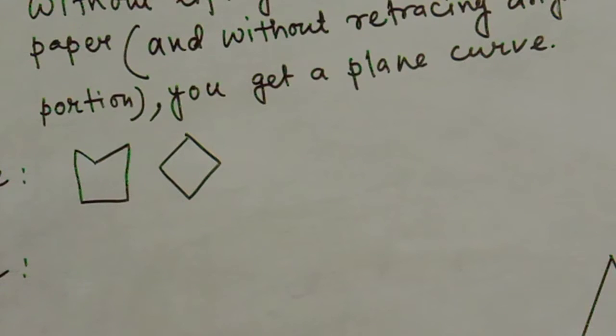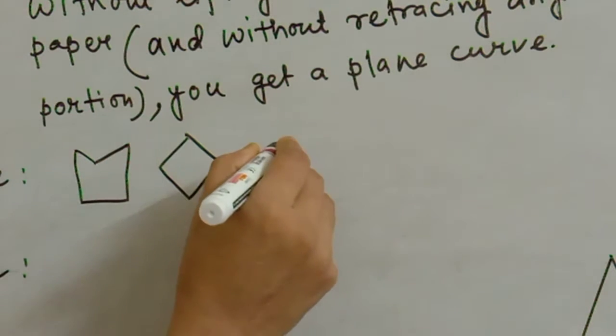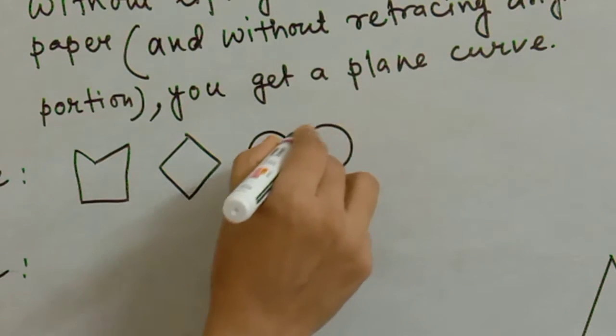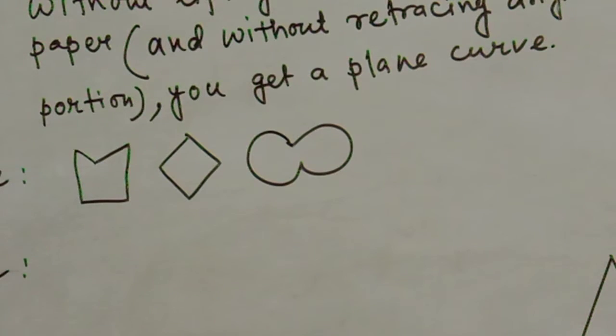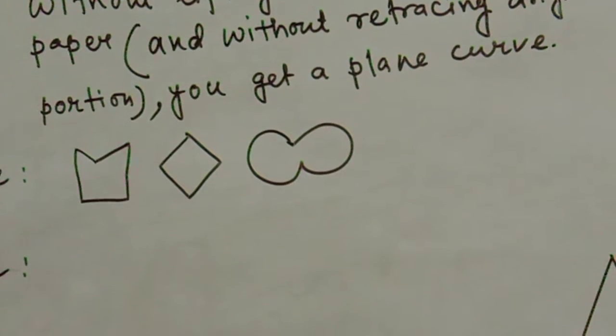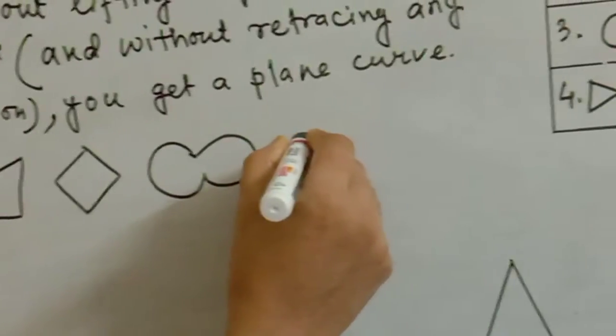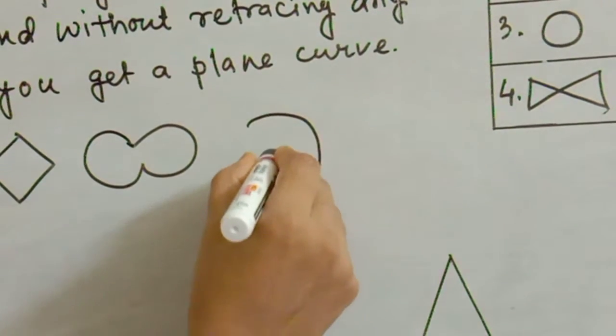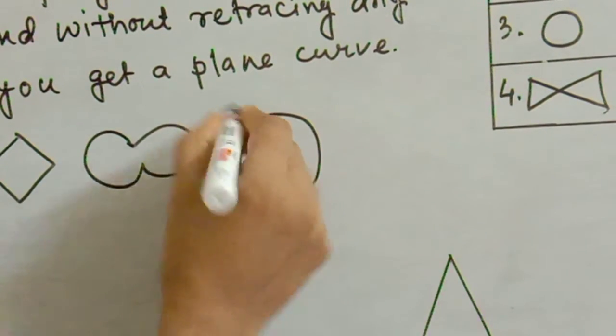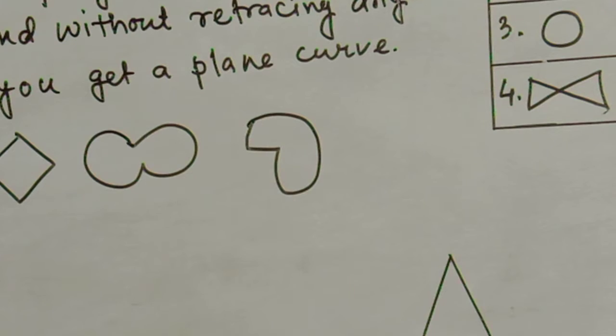This is also a closed curve. If I draw, the starting point and ending point meet in one point, so this is a closed curve. Now, if I draw this kind of figure also, this is also a closed curve.